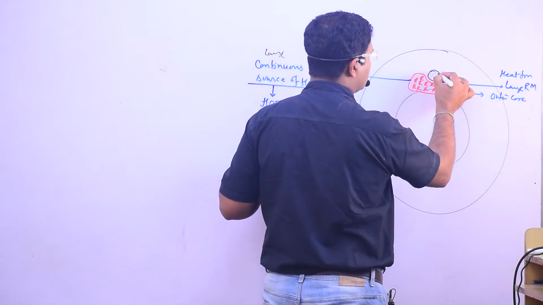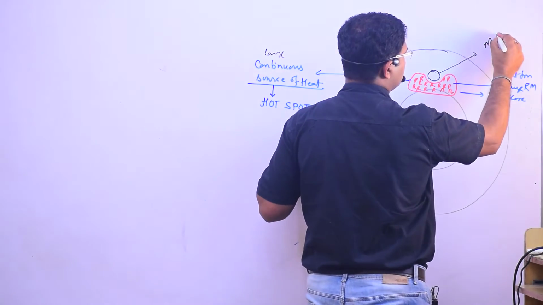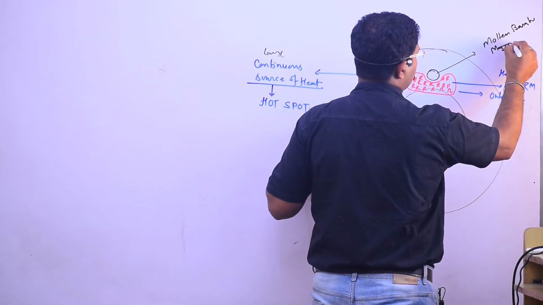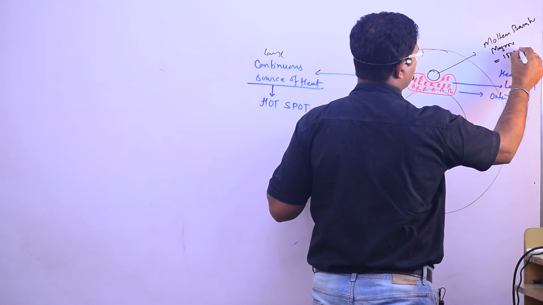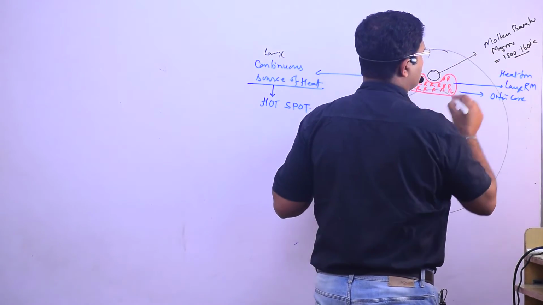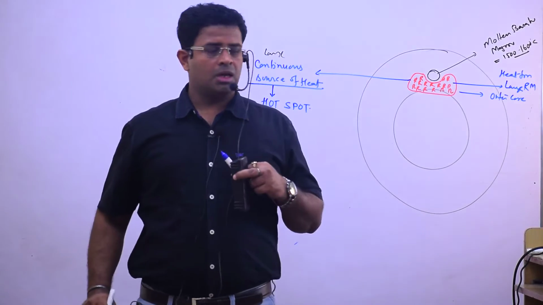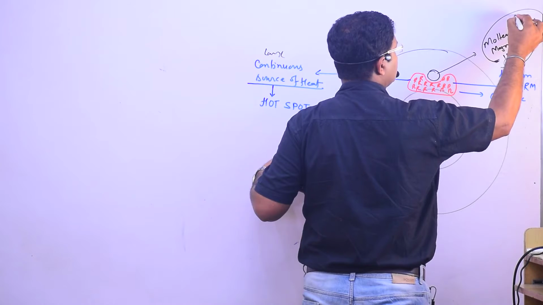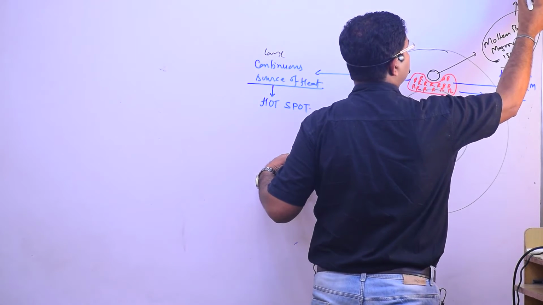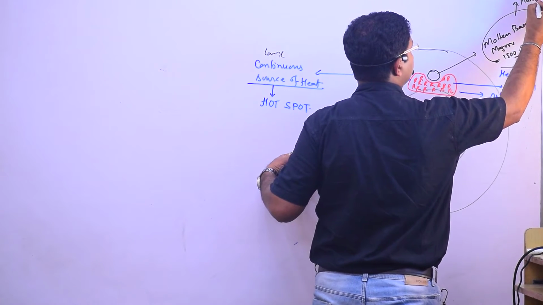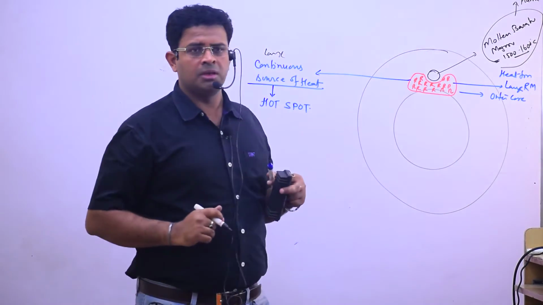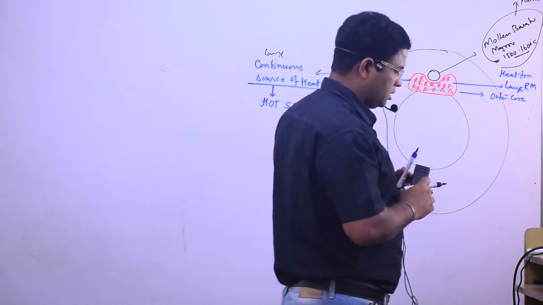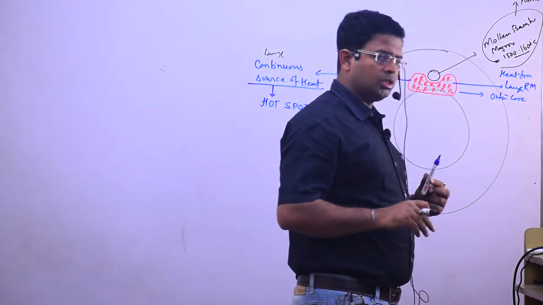Now this is molten basaltic magma, and its temperature becomes around 1500 to 1600 degrees Celsius. This molten basaltic magma is known as a mantle plume.